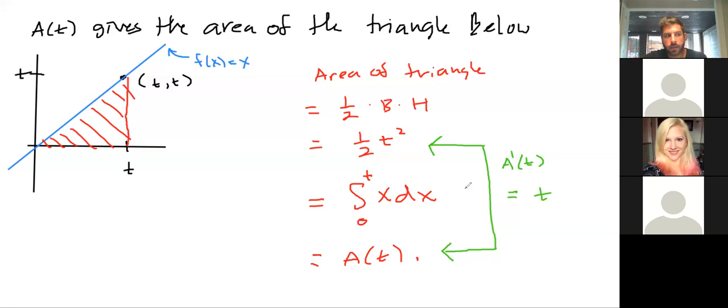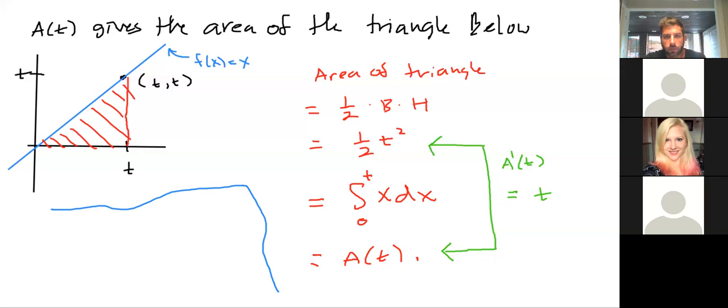Here I get t, but what's the function we're doing inside? It's just x. So the function f of x equals x and the function f of t equals t are the same thing.